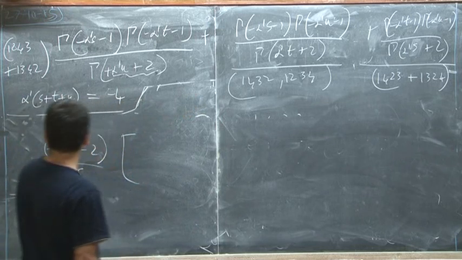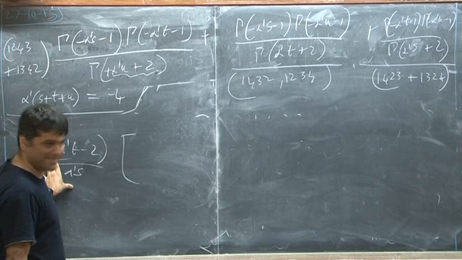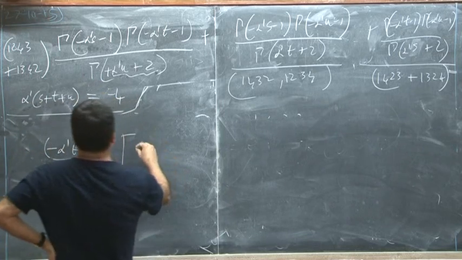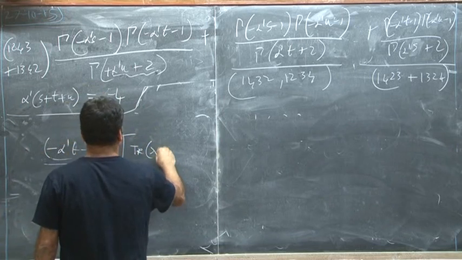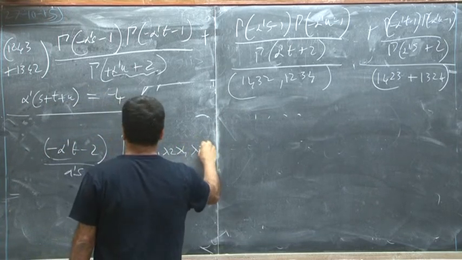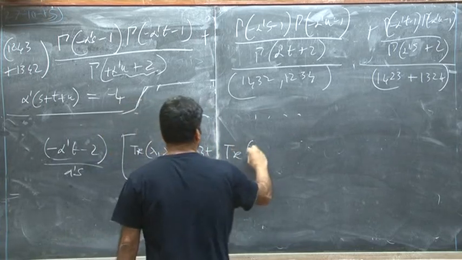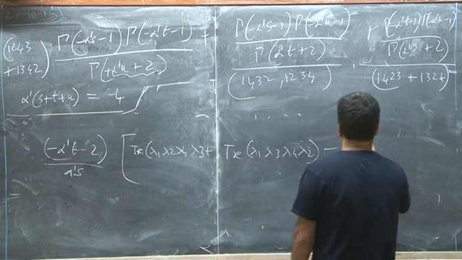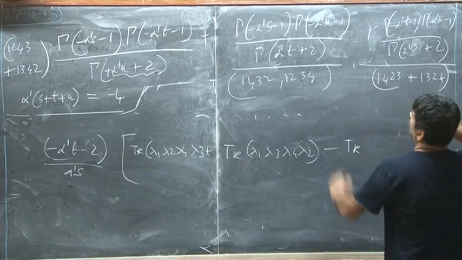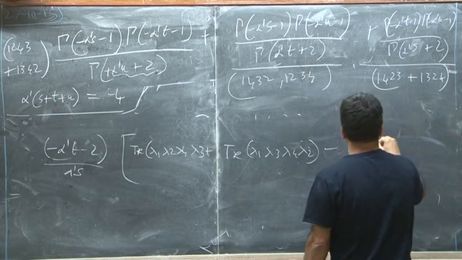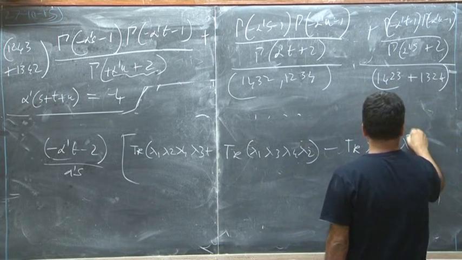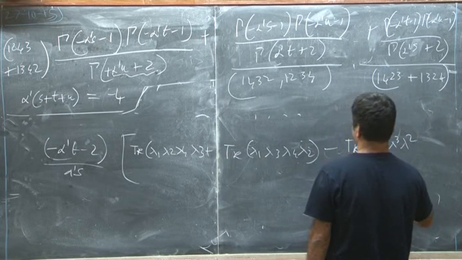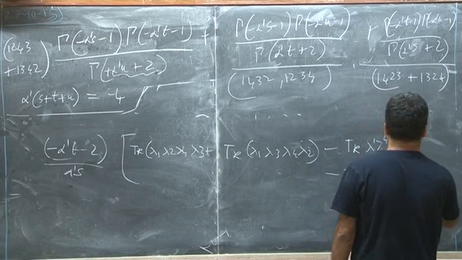So now we get this answer, but with trace of lambda 1, lambda 2, lambda 4, lambda 3 plus trace of lambda 1, lambda 3, lambda 4, lambda 2 minus trace of, now we want this guy, right? lambda 1, lambda 4, lambda 3, lambda 2 minus trace of lambda 1, lambda 2, lambda 3, lambda 4.